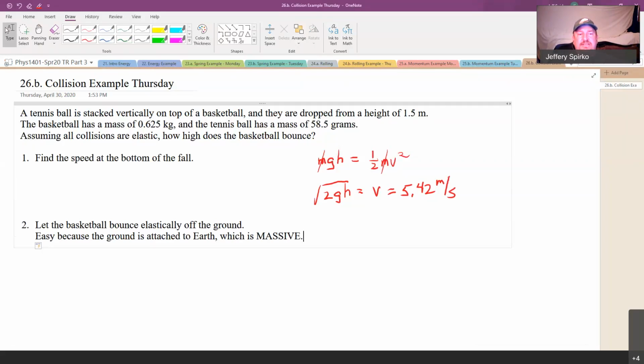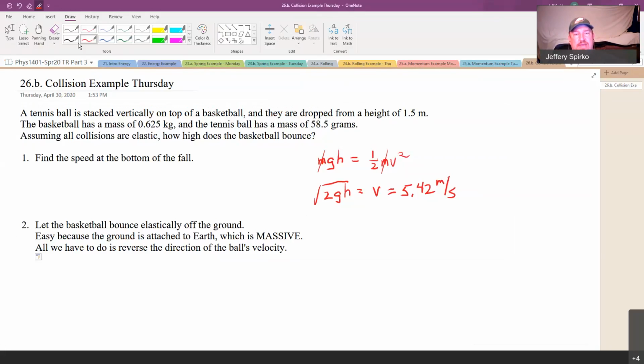And the reason it's easier is because the ground isn't going to be affected by the basketball bounce. Earth is not going to be displaced at all by the basketball bounce. So all we have to do is reverse the direction of the basketball's velocity.